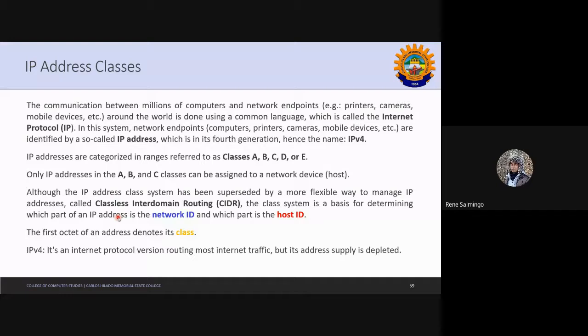Nowadays, we don't have class A, class B, but there is already classless inter-domain routing, which defines which part of the IP address is the network ID and which part is the host ID. The first octet of the address denotes its class.